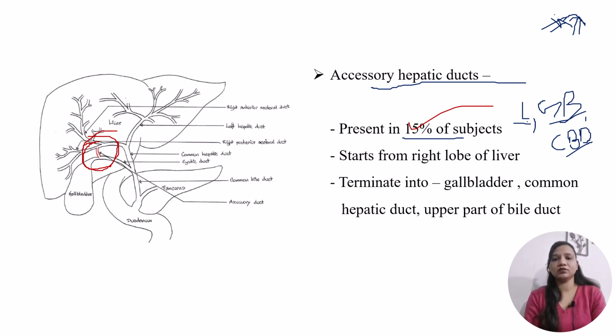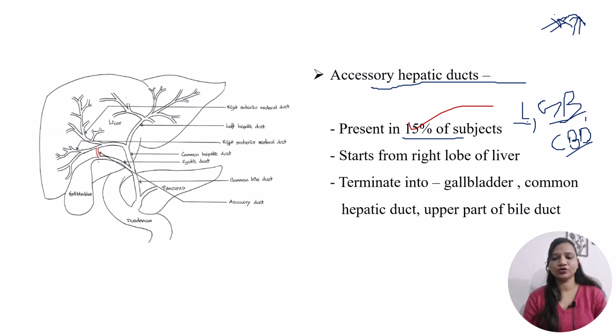Because if there is accidental injury during surgery, this will lead to bile leakage from the liver directly outside the liver. Let's understand it properly.